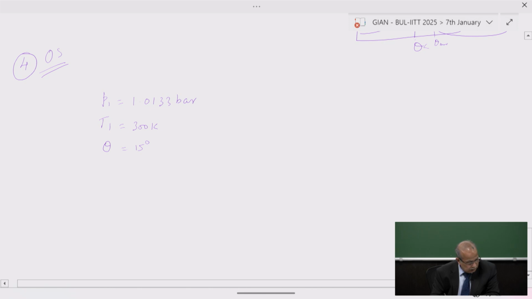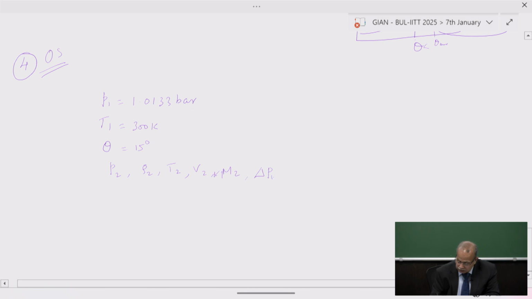Calculate the static pressure, density, temperature, velocity, all downstream of the shock. So P2, rho 2, T2, V2 and M2 downstream of the shock. Calculate also the change in stagnation pressure across the shock.